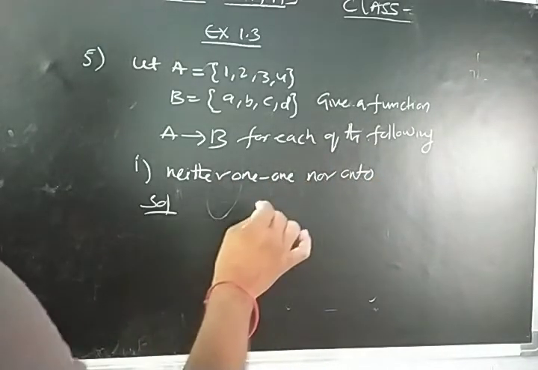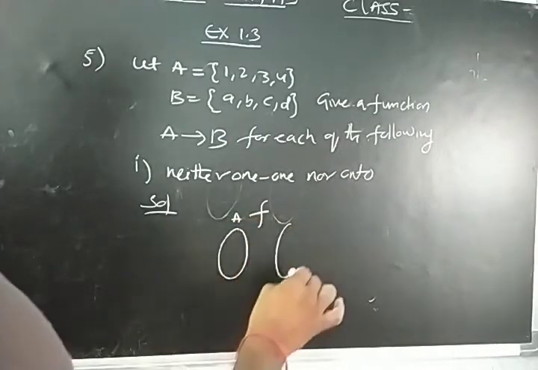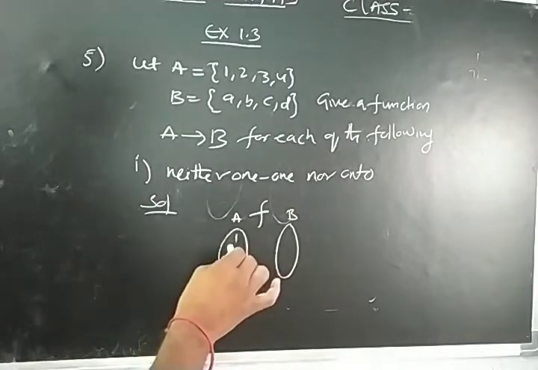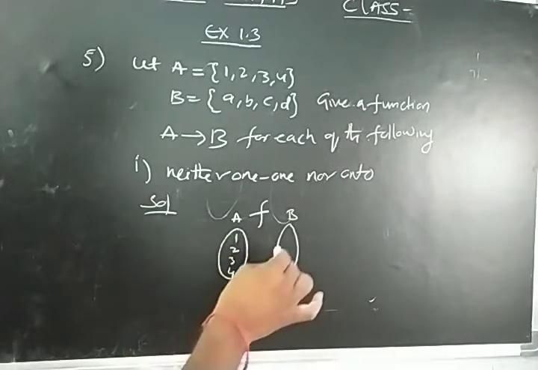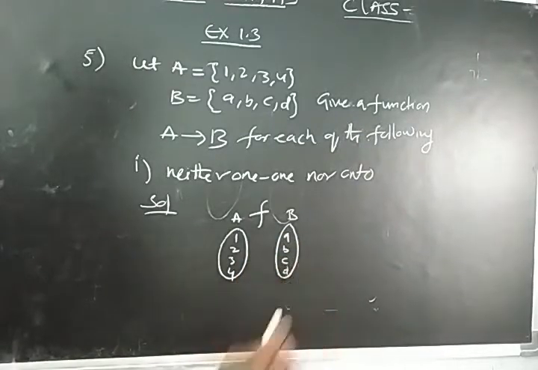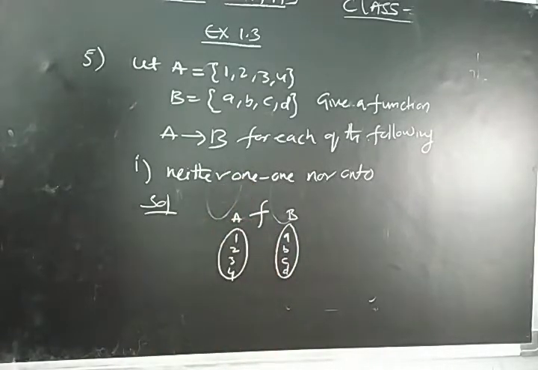So first of all I am using the diagram method, then after we can use the ordered pair method. Okay. Right. Here I am taking 1, 2, 3, 4. Here the elements are a, b, c, d. We are constructing a function which is neither 1-1 nor onto.